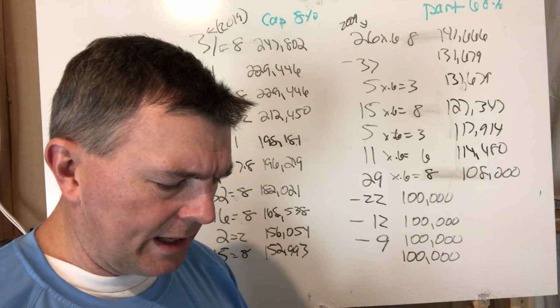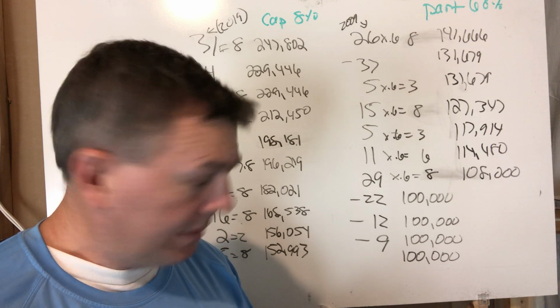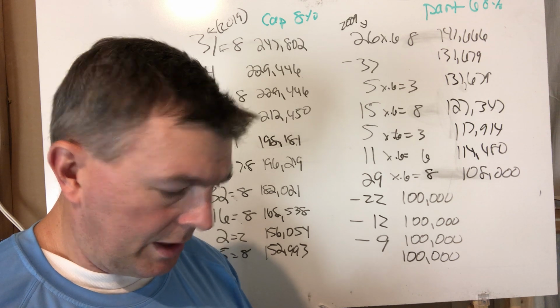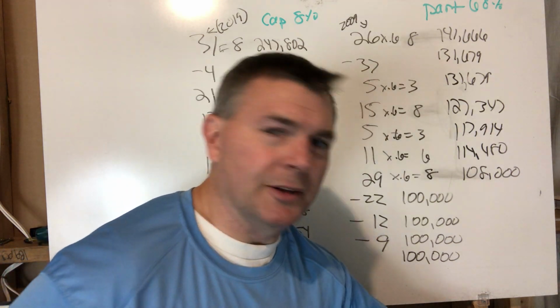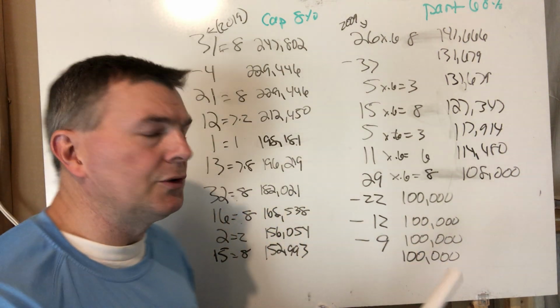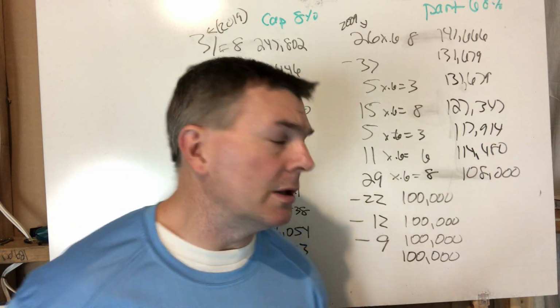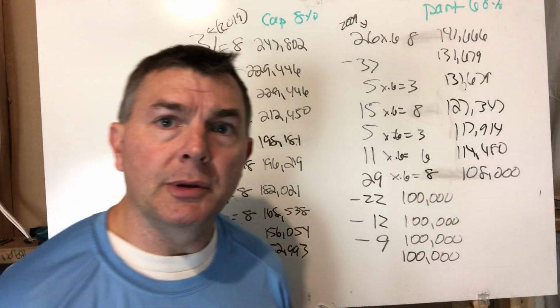Let me try that again. $100,000 minus 9, minus 12, minus 22. That's $62,000. Yeah, so I forgot to hit enter. All right, so $62,000. Yeah, so we were down almost 40% in those 3 years. The index annuity stayed at $100,000 because it didn't lose money.